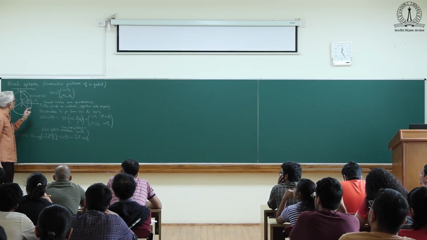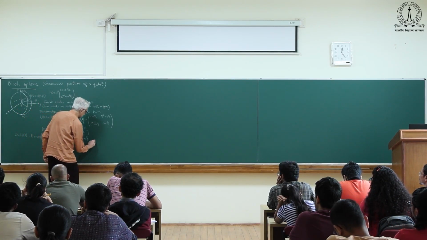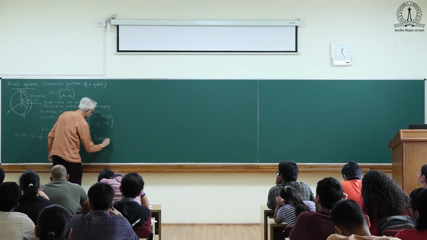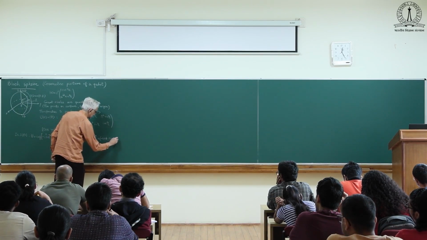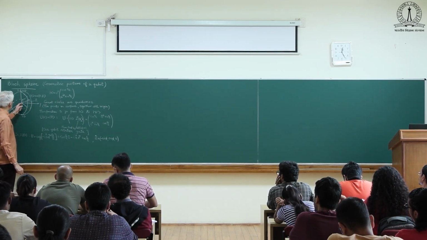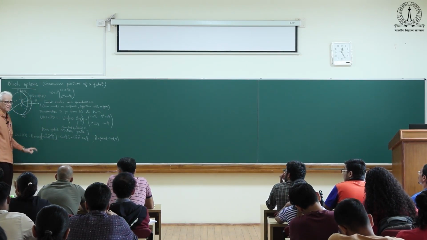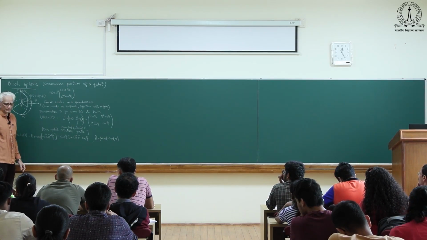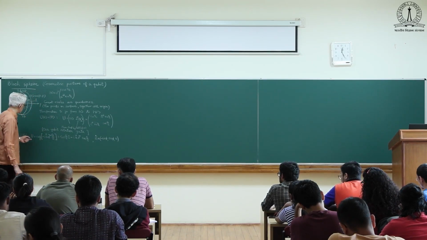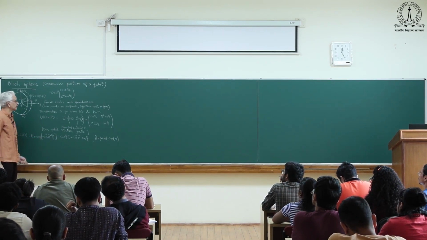It will have only x and y components, and you can work out what this n is. And it is minus sine phi, cos phi and 0. The x component goes negative because it's pointing in that way, y component remains positive depending on the value of phi. Okay, so this is another way of writing the same matrix. You can also write it like that. It does the same job.